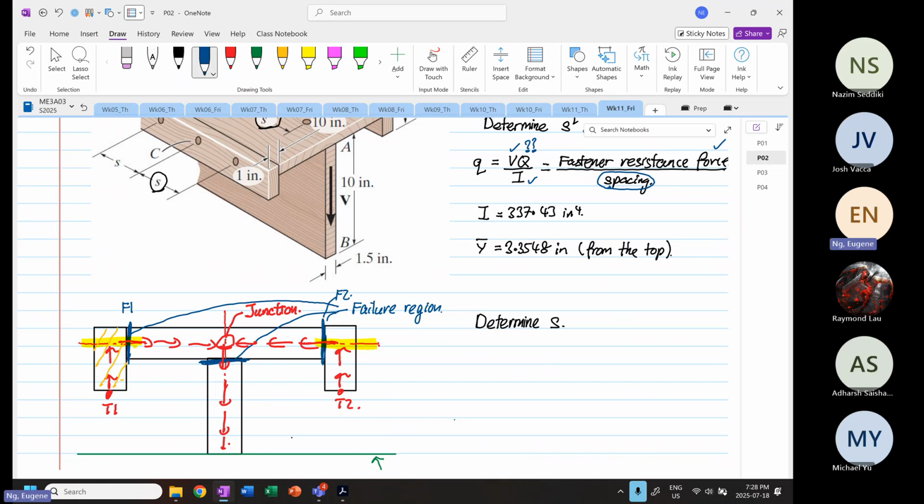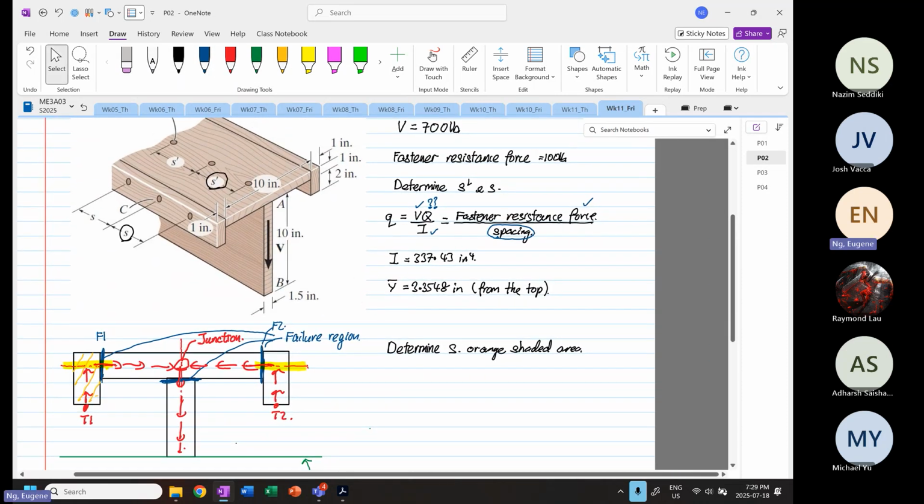So now we know to determine S, we only need to consider the orange shaded area. You don't need to consider T2, because for T1, the failure will affect F1. Yes or no? So with that, we are now going to find the first moment of area.